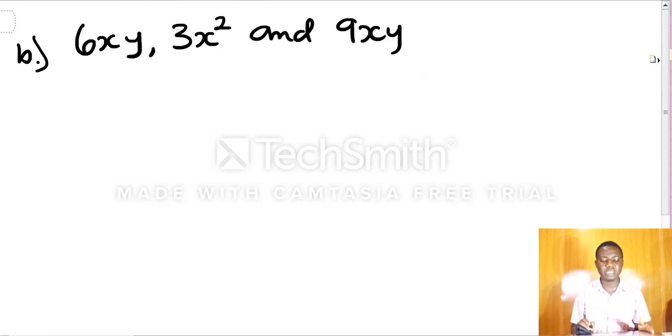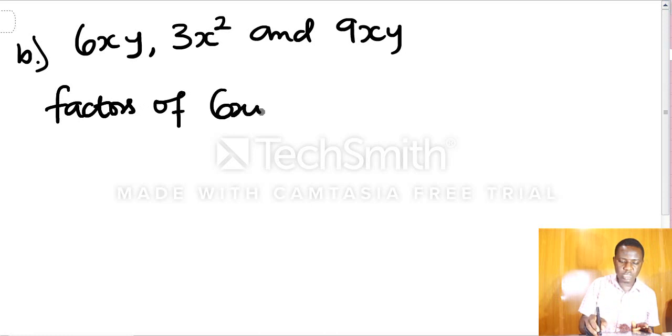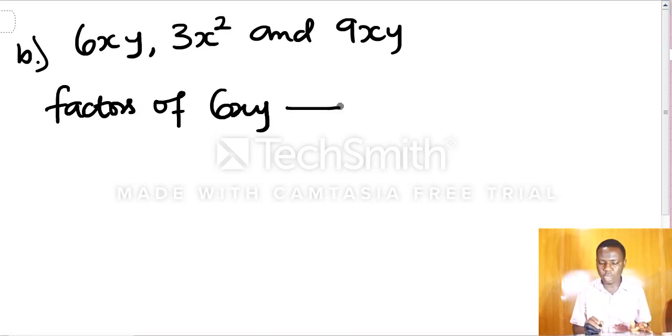Next example says 6xy, 3x squared, and 9xy. Same procedure I'm going to take to get the factors of each of them. Then I'll look at the common factors before we look at the highest common factor. So this becomes factors of 6xy, which will include 1, 2.